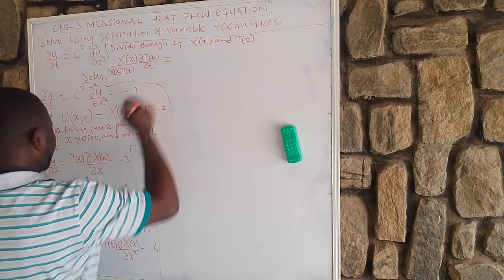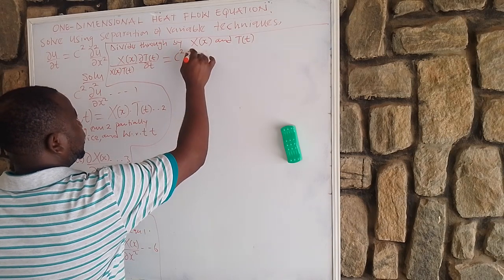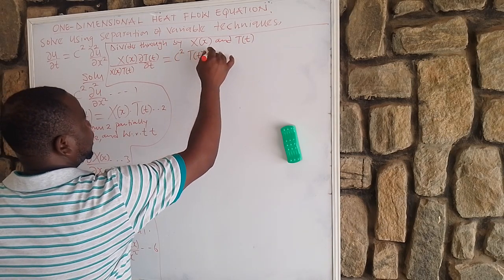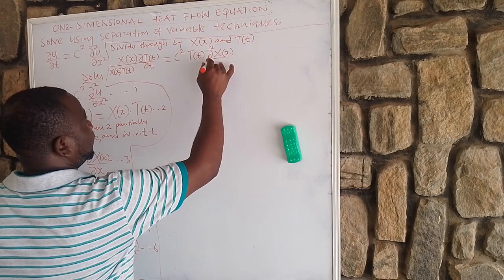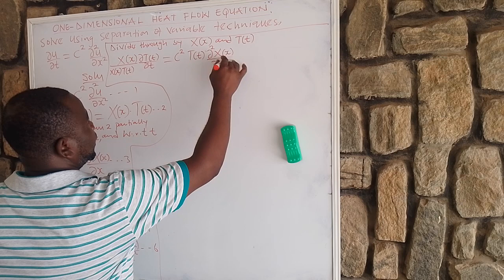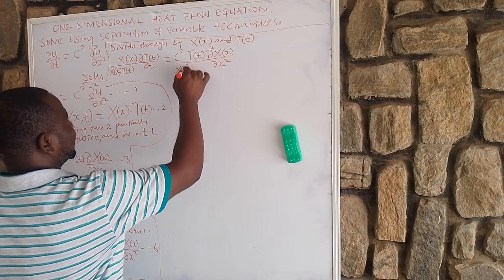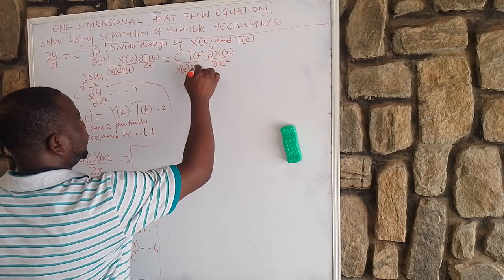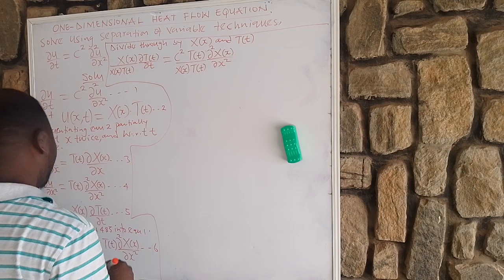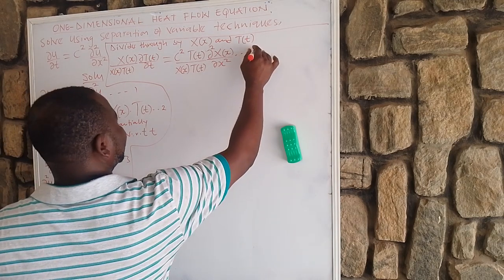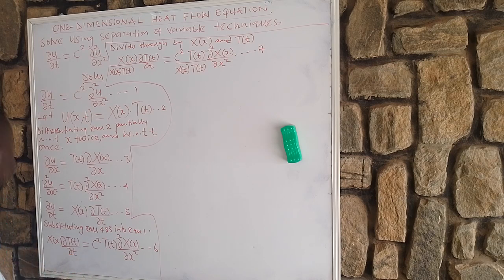The same thing applies on the right, equals c square T of t partial square X of x all over partial x square, then all over X of x times T of t. Okay, we can now name this equation 7.